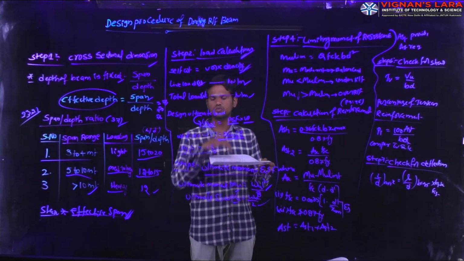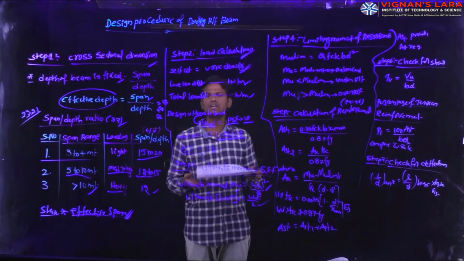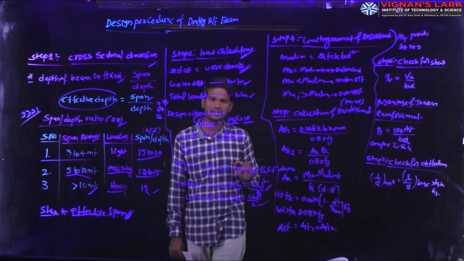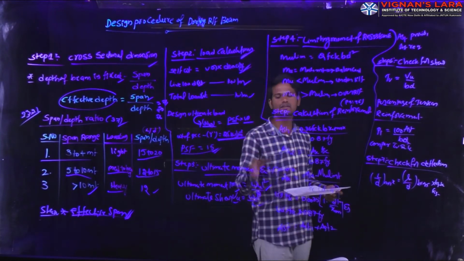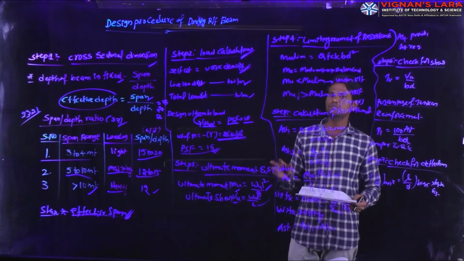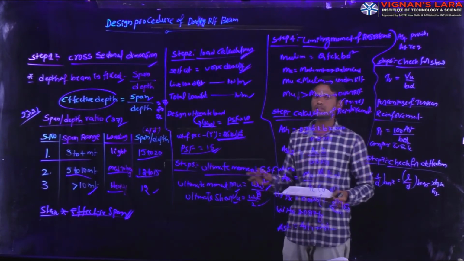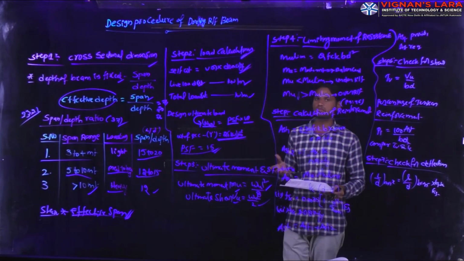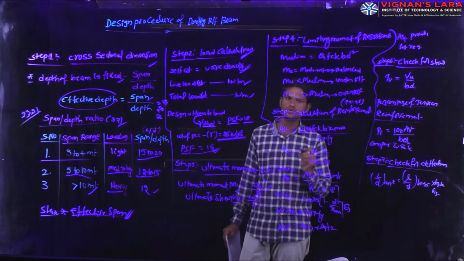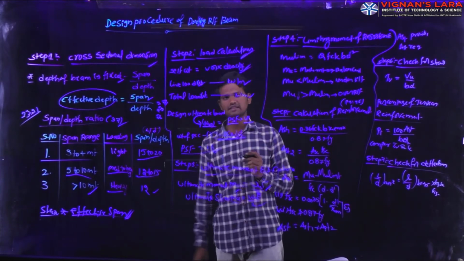The additional moment acting on the beam is only 80 kilonewton meter. In those conditions, we can design the beam as a singly reinforced beam. Whereas our particular condition is for a doubly reinforced beam. In a doubly reinforced beam, the additional moment acting on the beam is more than the limiting moment. Hence we are providing the reinforcement in the compression as well as in the tension.